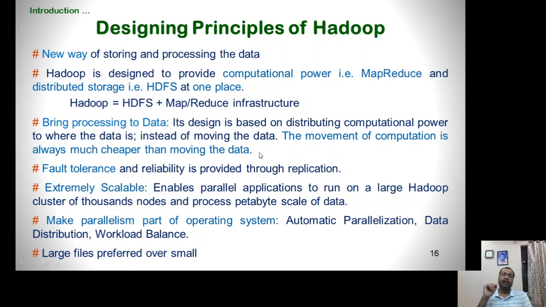And that is the problem: the traditional distributed system was not suitable for big data. But in the case of Hadoop, we don't move the data, we don't transport the data. Data is already available on different nodes that form the cluster. We only move the computation power.